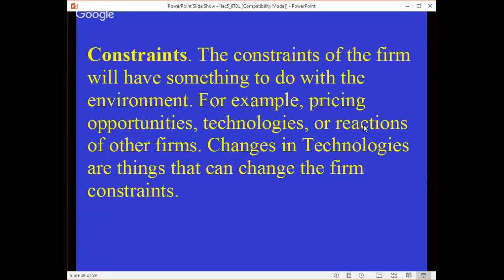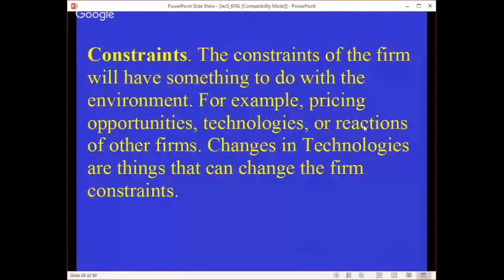Okay, so our constraints. The constraints a firm has will have something to do with the environment, what market it's in. For example, pricing opportunities, technology. That's going to be our big constraint for most of our examples. And reactions to other firms when we talk about oligopolies.